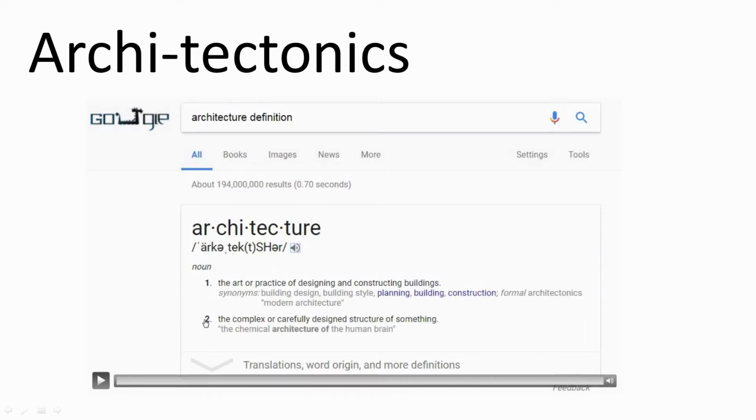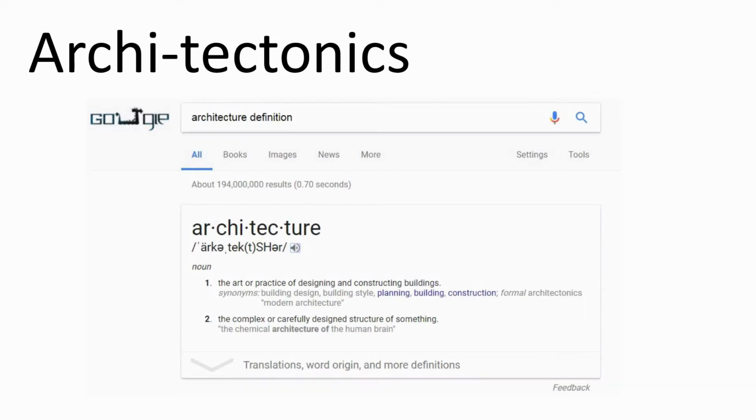There's a second definition, the complex or carefully designed structure of something. For example, the chemical architecture of the human brain. And you'll often hear architecture of computing, for example, the architecture of the electronic circuitry within your laptop, or the laptop I'm recording this on now.